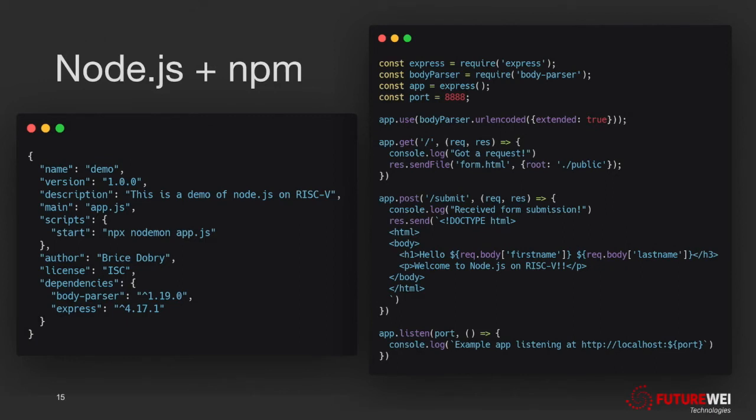Okay, and the next demo is actually running on the actual board. So here we're demoing Node.js and NPM. To the left-hand side, we define a simple NPM package, called app.js. So the app is defined on the right-hand side.